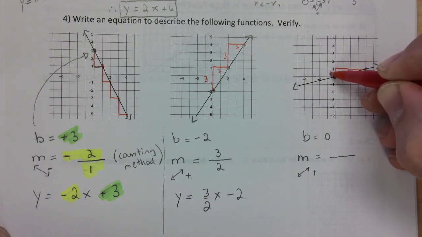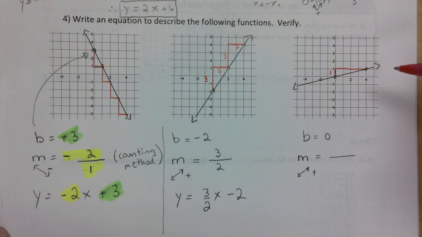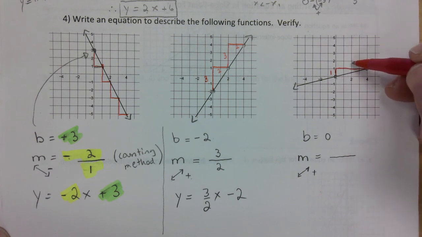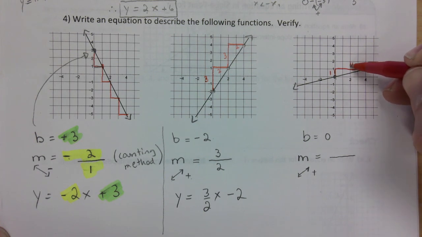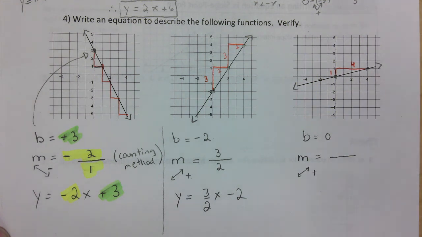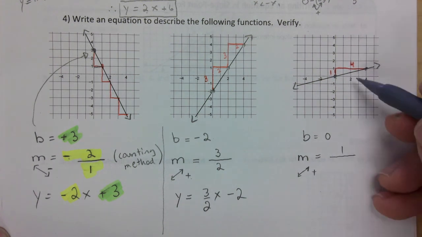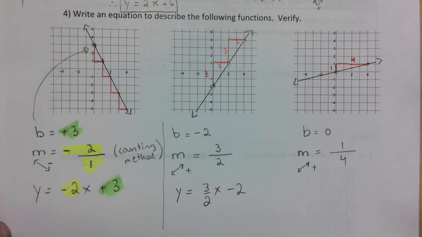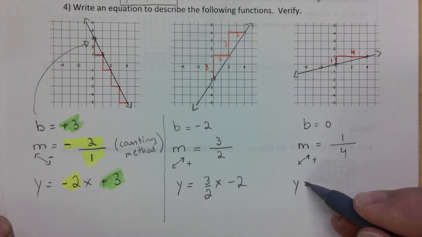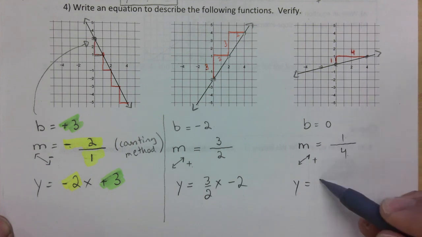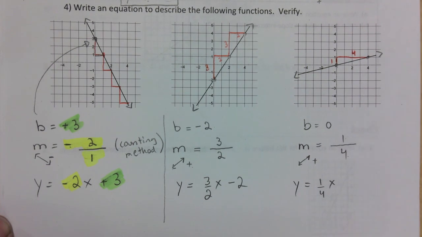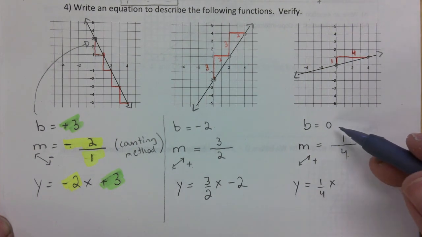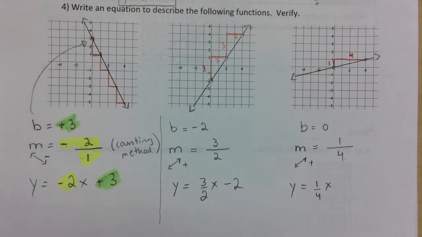So there's 1 unit of vertical change and 4 of horizontal. So my rise is 1, my run is 4. Therefore, my equation is 1 over 4x plus 0. Well, we'll just omit it, right?